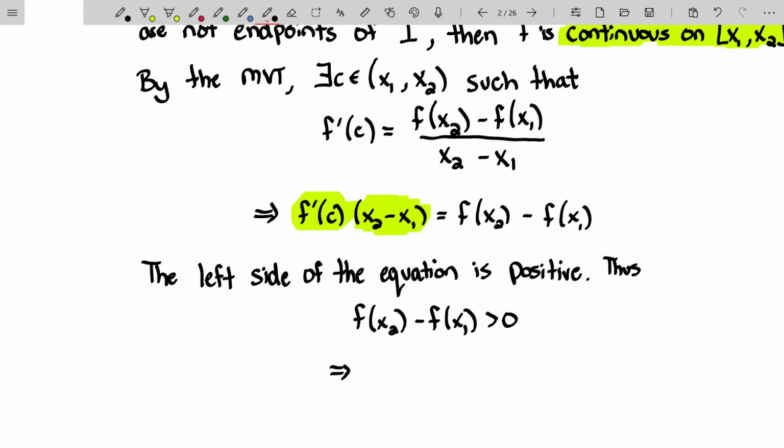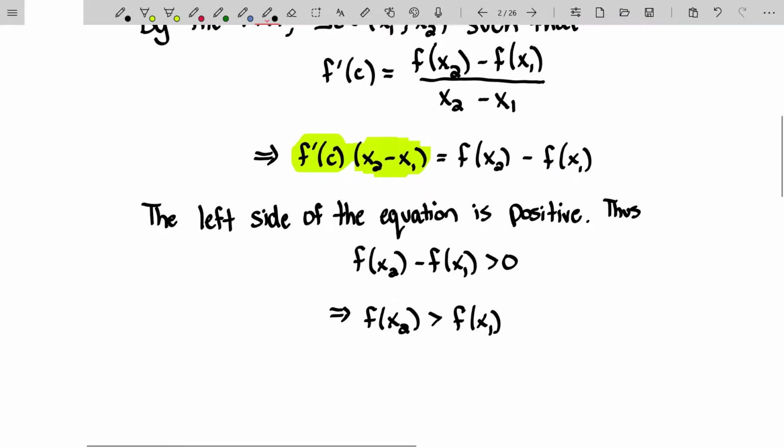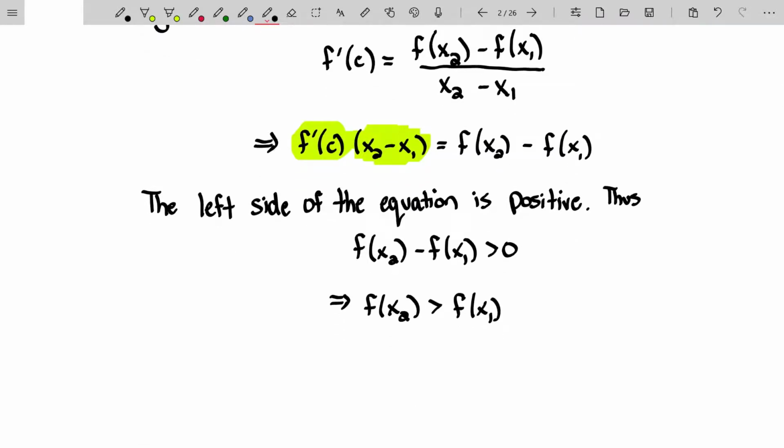That is, f of x sub 2 must be strictly greater than f of x sub 1, which tells us that f has increased between x sub 1 and x sub 2. So this implies f is increasing. The reason why I can say f is always increasing over that entire interval is because x sub 1 and x sub 2 were arbitrarily selected points.